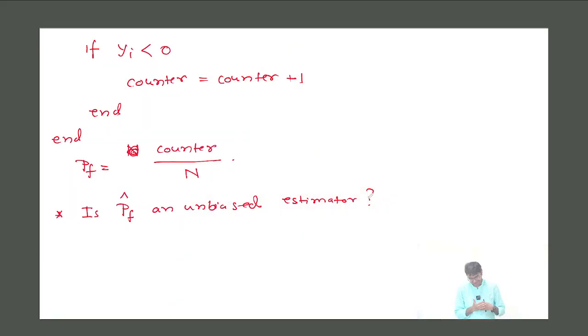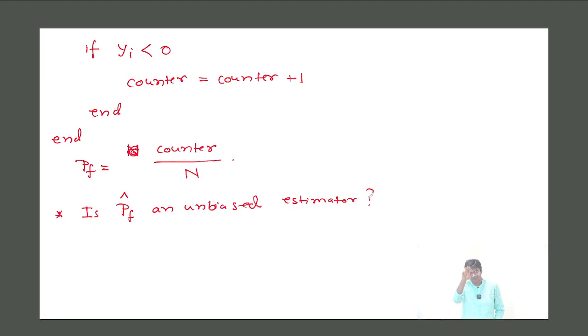So unbiased estimator is when expectation of your estimator is equal to the true quantity. From your definition, if I say you are calculating PF, you can calculate PF n number of times. Sample 10,000, find out PF hat. Again sample 10,000, find out PF hat. Again sample 10,000, find out PF hat.